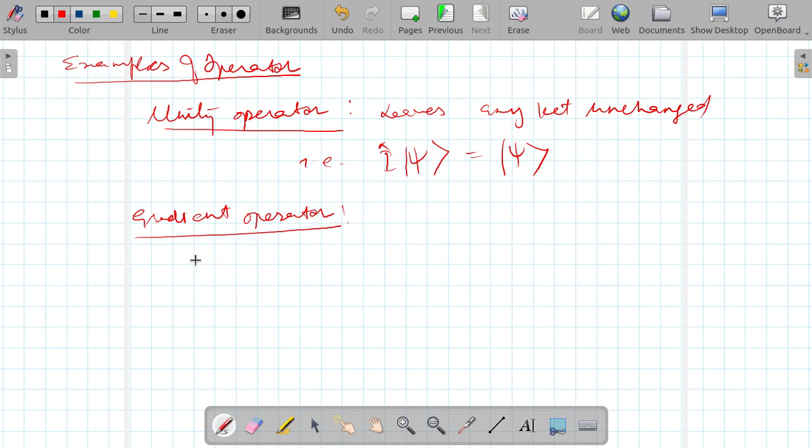Here I'm taking the example in the form of a wave function.